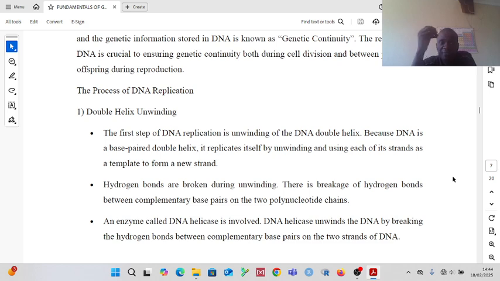So the first step of DNA replication is the opening up, the unwinding, and that is done by an enzyme that we call DNA helicase. It unwinds by breaking the hydrogen bonds which are holding the two complementary strands together.